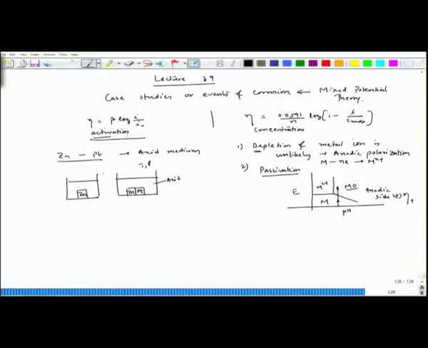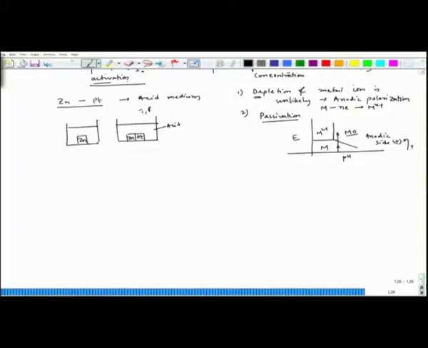In that case we have to draw the Evans diagram, so let us draw it. Log I on one axis, E on the other, and we start with zinc.